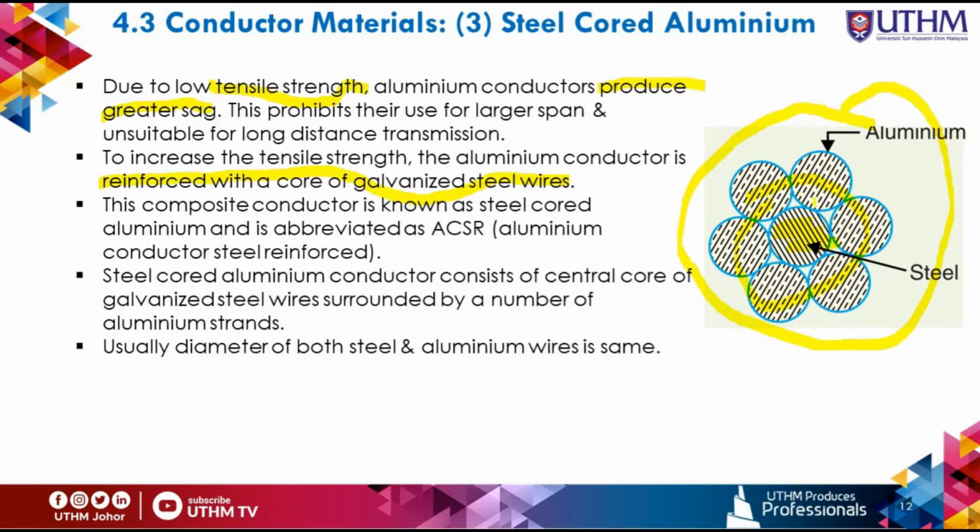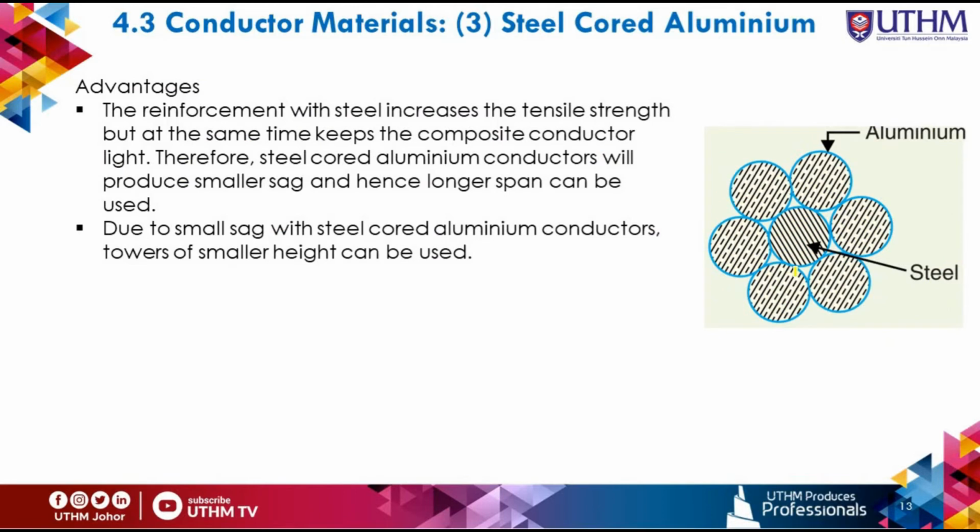This composite conductor is known as steel cored aluminium and is abbreviated as ACSR, aluminium conductor steel reinforced. And usually the diameter of the steel and the aluminium strands is the same.